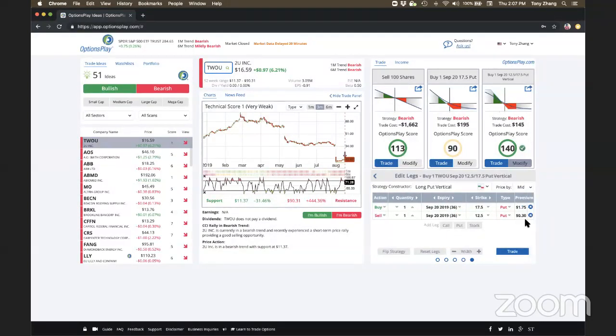First of all, the mid price on that is 30 cents. We do actually have minimums on the short leg. They have to be at least 20 cents. Here is where dollar amounts don't really matter, because 20 cents is certainly a small dollar amount, but the stock is also a very small dollar amount.